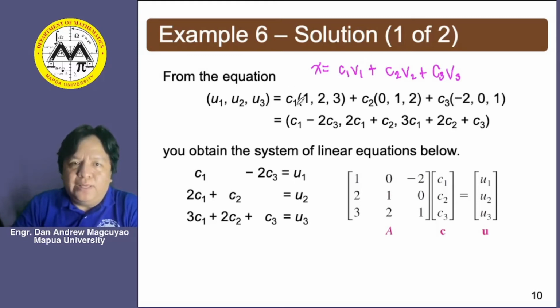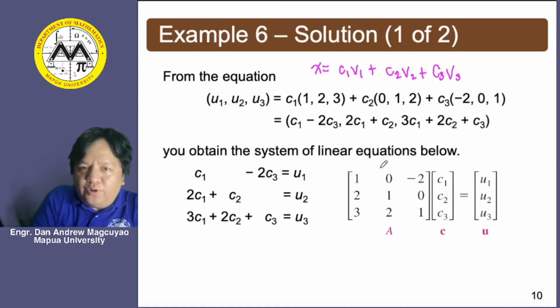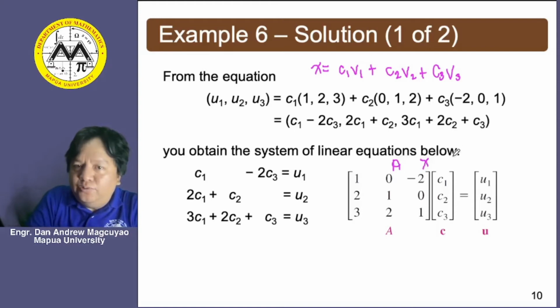That would be C1 minus 2C3, 2C1 plus C2 plus 0C3, 3C1 plus 2C2 plus C3. So this would form your coefficient matrix A, and then the unknown vector x equal to u.